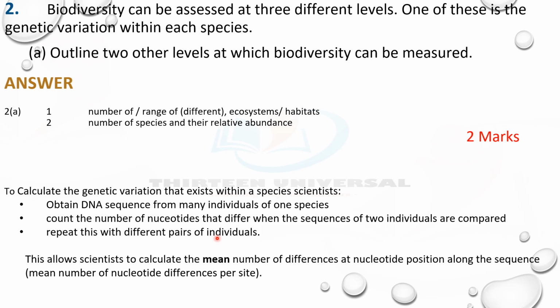Get the DNA, sequence it, count the number of nucleotides that differ, and then this allows scientists to calculate the mean number of differences at nucleotide position along the sequence. Please, the secret to solving paper 4 is you must understand the background information very well. Read this question again. Trying to calculate it. Let's go.